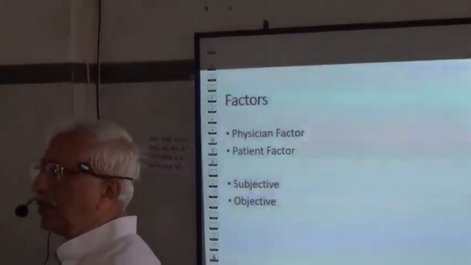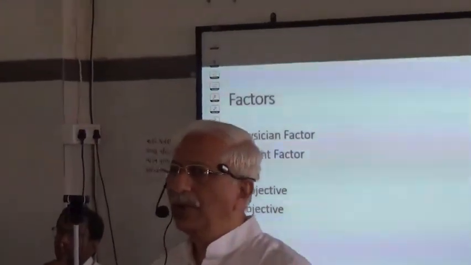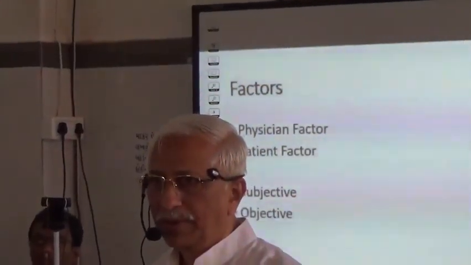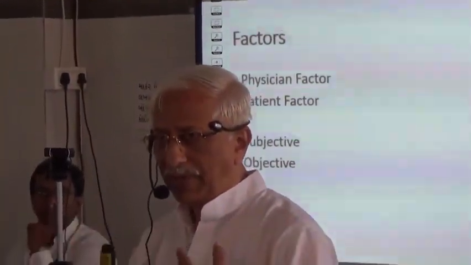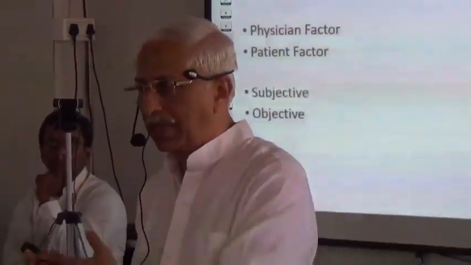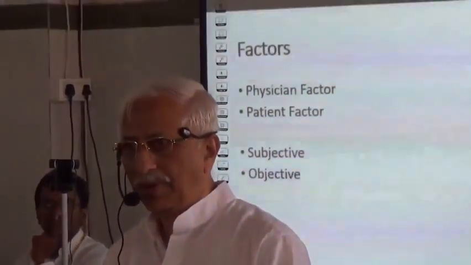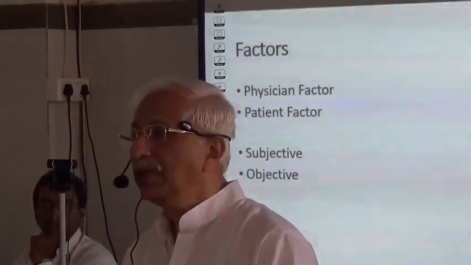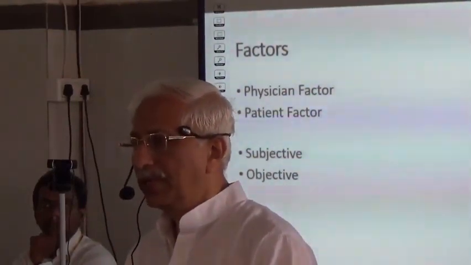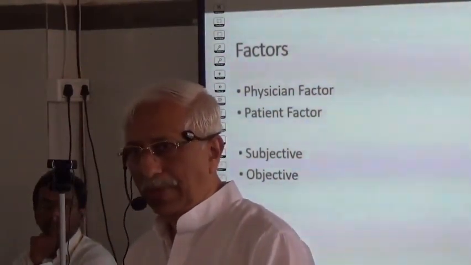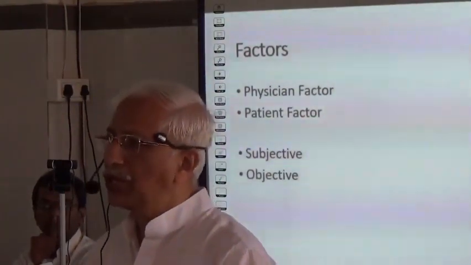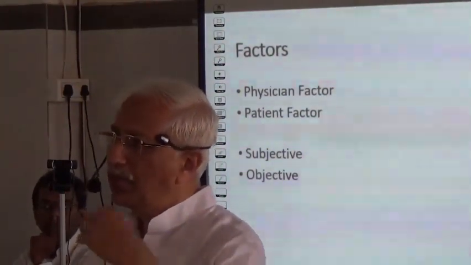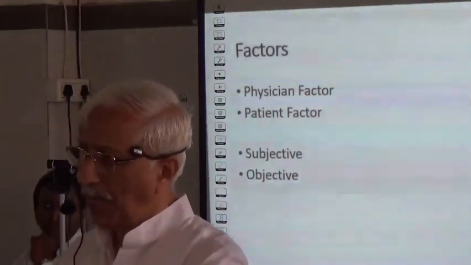So it is a subjective perception. Subject means one's own perception that is coming from the person who is giving the details. If the physician is taking judgment, so it is his subjective judgment.